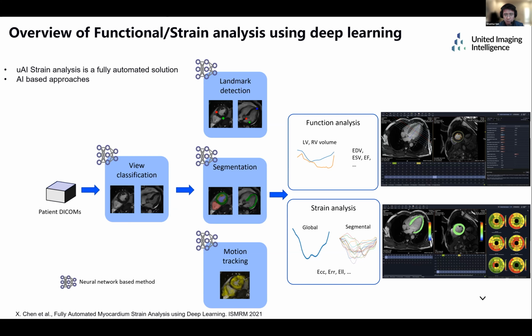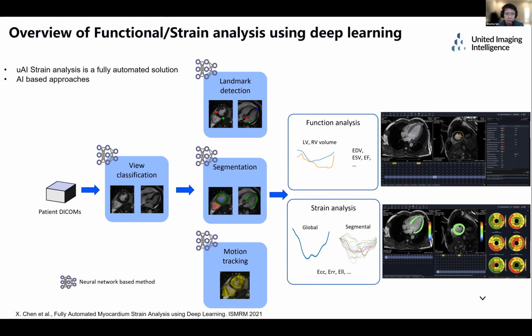In this domain, cardiologists and radiologists are quite familiar with the 17 segment analysis, since those AHA 17 segments are highly correlated to the coronary artery branches.